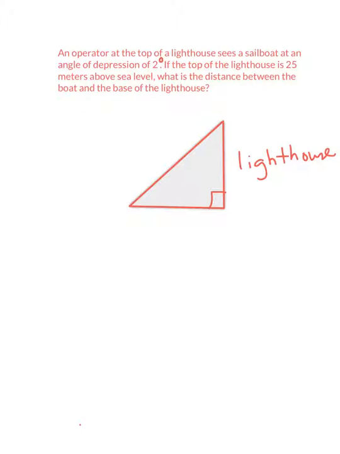And I know that there's a sailboat down here. And there's an angle of depression of 2 degrees. Remember, the angle of depression is out here. That's 2 degrees. And I also know, because this is a horizontal line, that alternate interior angles are going to make a 2 degrees angle inside the triangle, which is what I need. And it says the top of the lighthouse is 25 meters above sea level. So that makes this measurement here 25. What's the distance between the boat, which is here, and the base of the lighthouse, which is here?